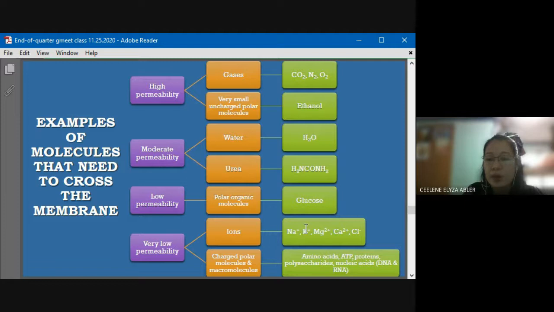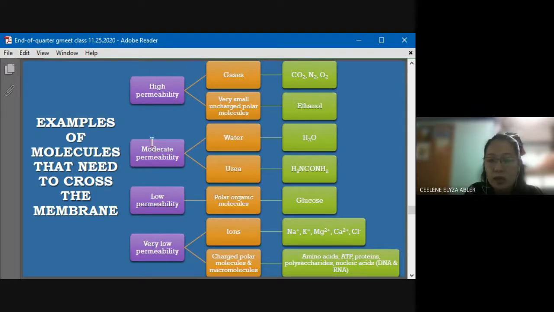You have your potassium, your magnesium, your calcium, and your chlorine. Those are the ions required by your body. They have very low permeability, and they also require active transport. Notice that from low permeability to very low permeability, they will be requiring active transport.